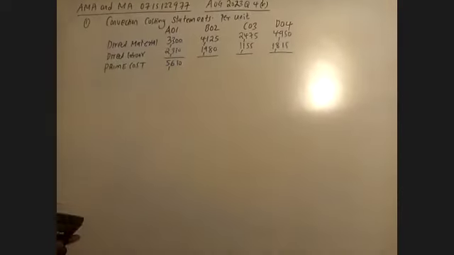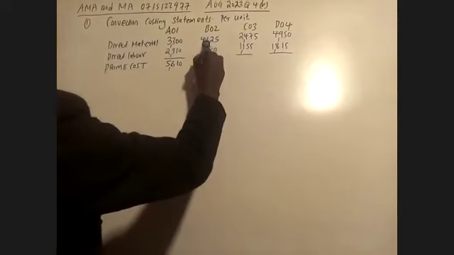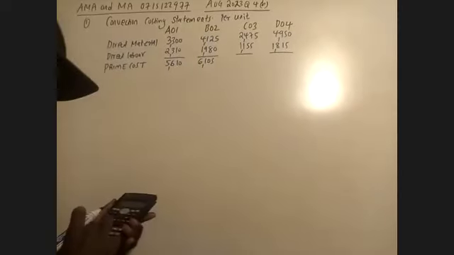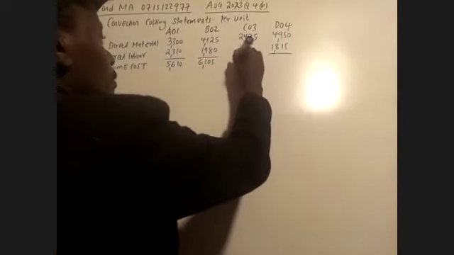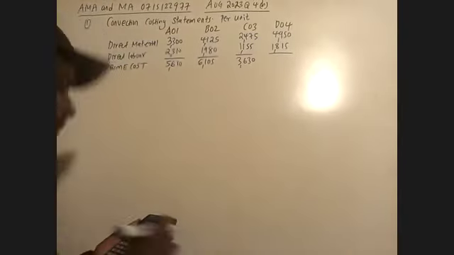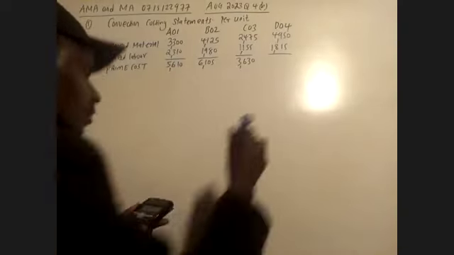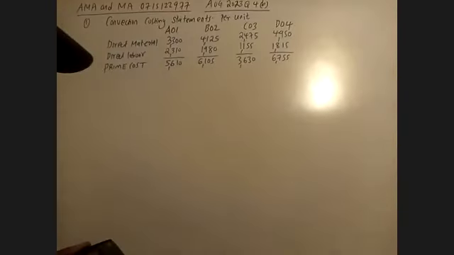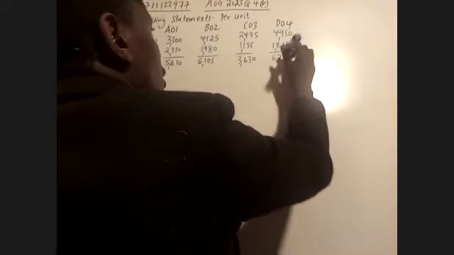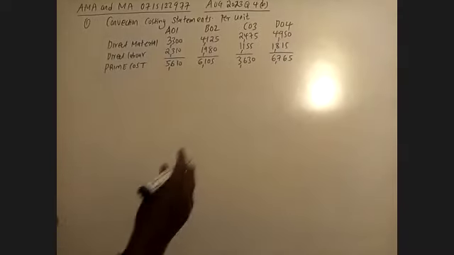Then 4125 plus 1980 is 6105. 2475 plus 1155 is 3630. 4950 plus 1815 is 6765. Now, conventional costing, we need to add the overhead cost according to the basis.